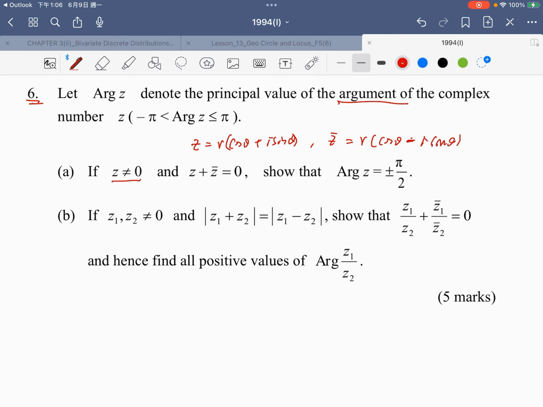That means if z plus z conjugate, there is 2 real part, because this part is cancelled. And 2 real part of z.